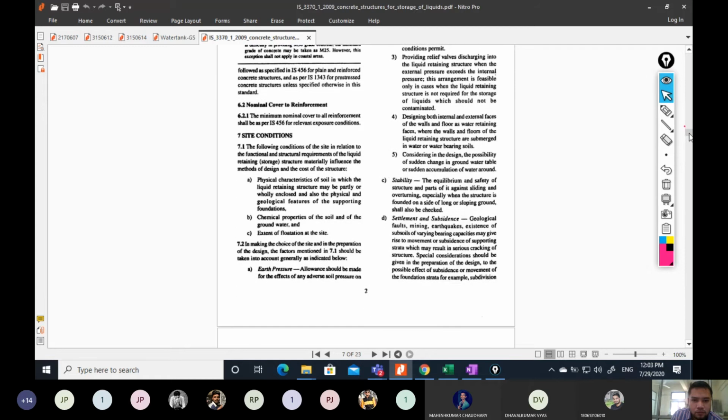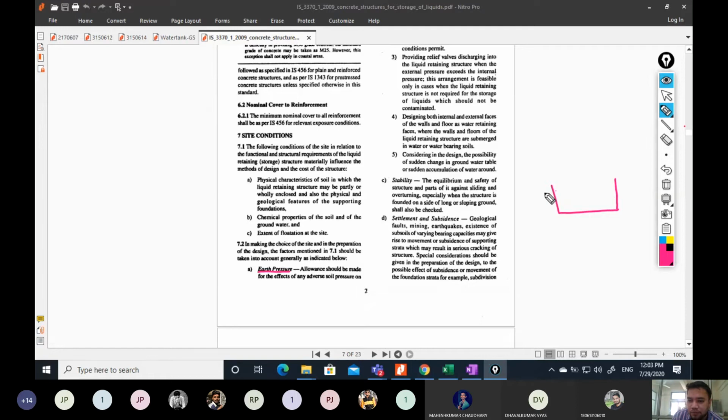Then these are related to the choice of the site and preparation of the design; the factors that should be taken into account, such as earth pressure. Suppose you are designing an underground tank.